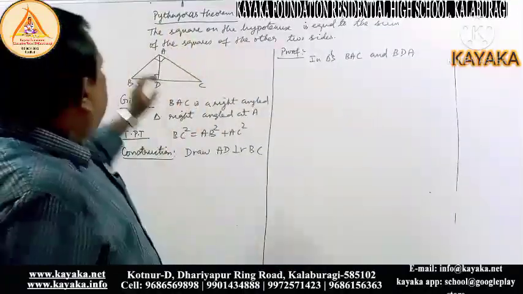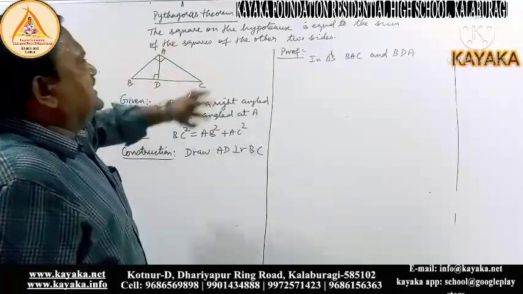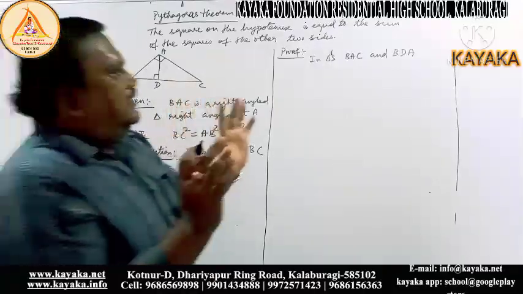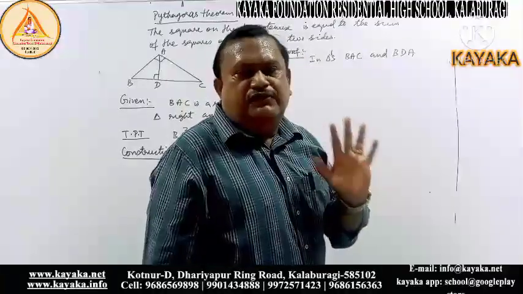Okay, dear children, in triangles BAC and BDA. Okay, because why I am writing like this? Because the corresponding angles must be equal for that one.